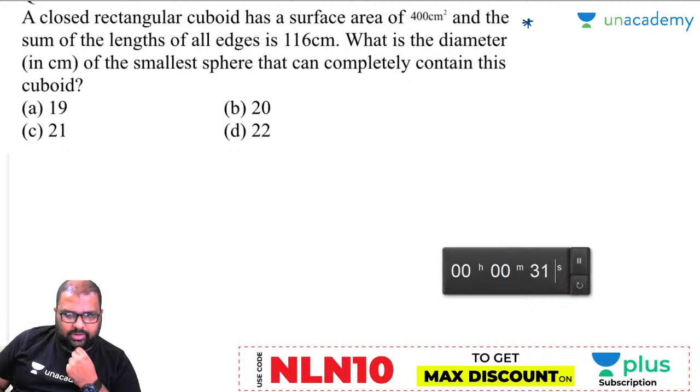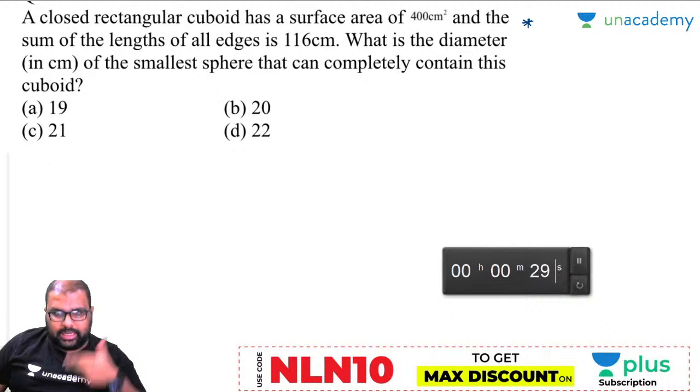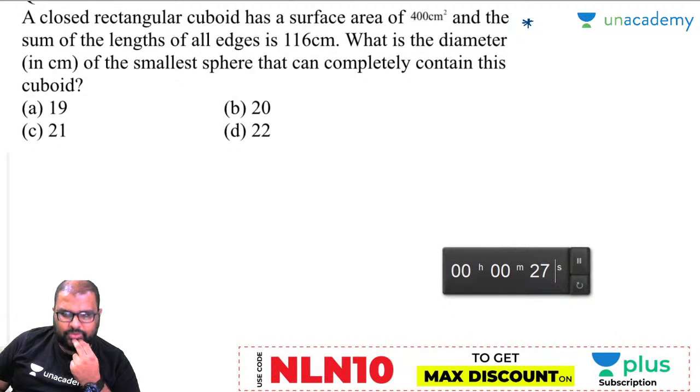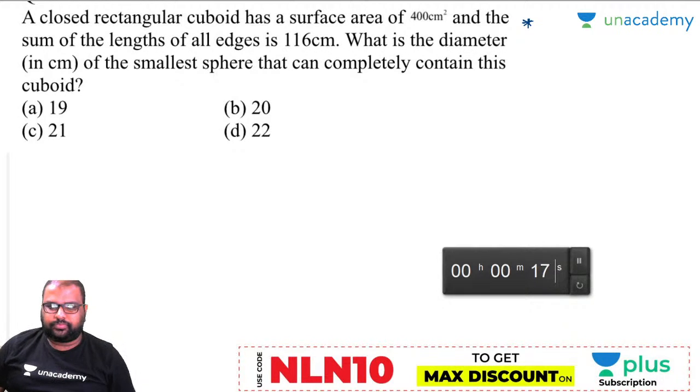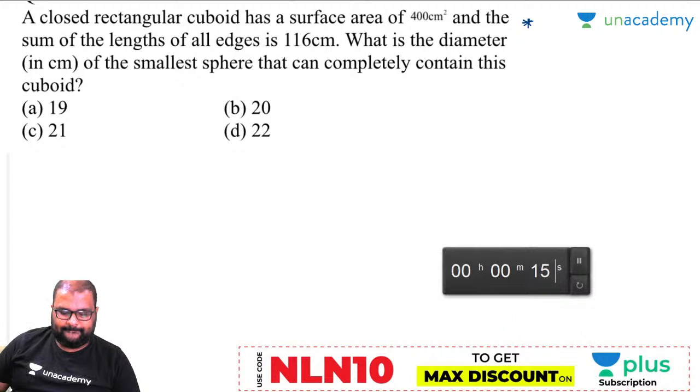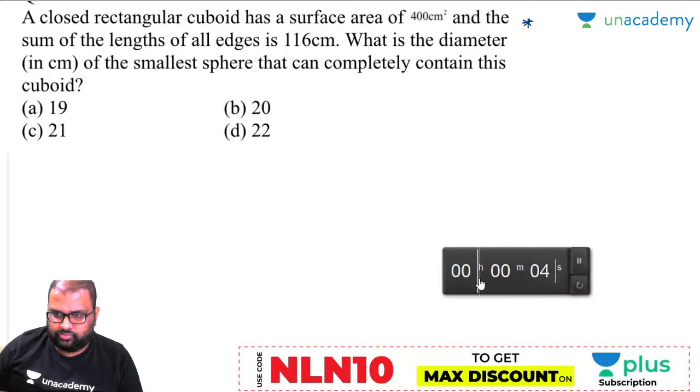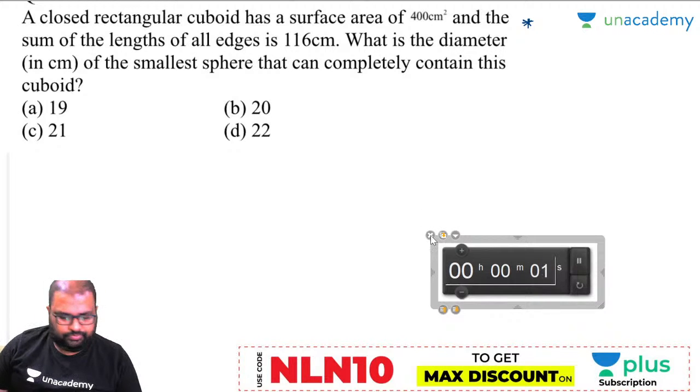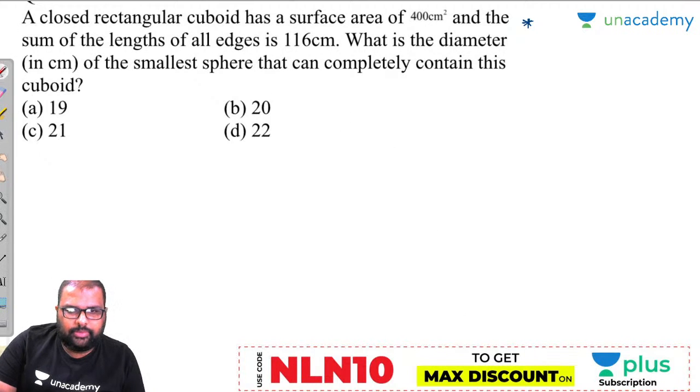What is the diameter of the smallest sphere that can completely contain this cuboid? Okay. Here, nobody gave me the answer.